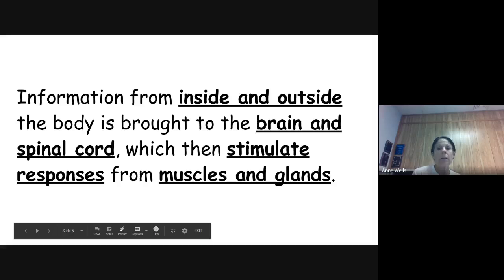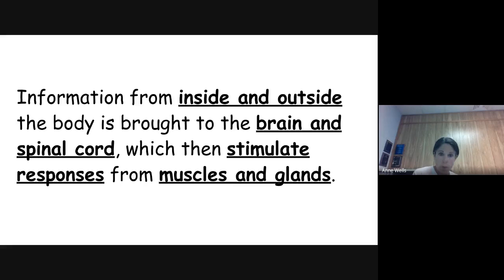Information from inside and outside the body is brought to the brain and the spinal cord, and these then stimulate responses from your muscles and glands. So you're going to get information. Now, this information could be things going on inside your body, inside your organs, but it could be things outside that are coming in through your senses, like what you're seeing or hearing or tasting or touching.